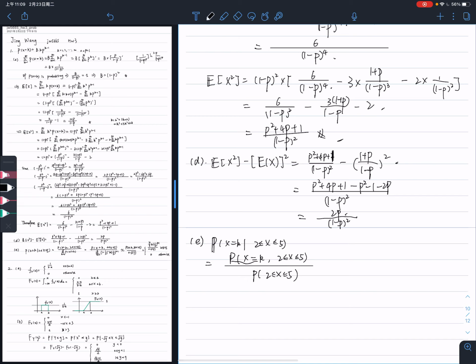So this part is easy to know: if k is larger than 2 and smaller than 5, this is directly P(X = k). But if k is not between 2 and 5, then it will become 0. So it should be P(X = k) over P(2 < X < 5) if k is larger than 2 and smaller than 5. Otherwise, it is 0.